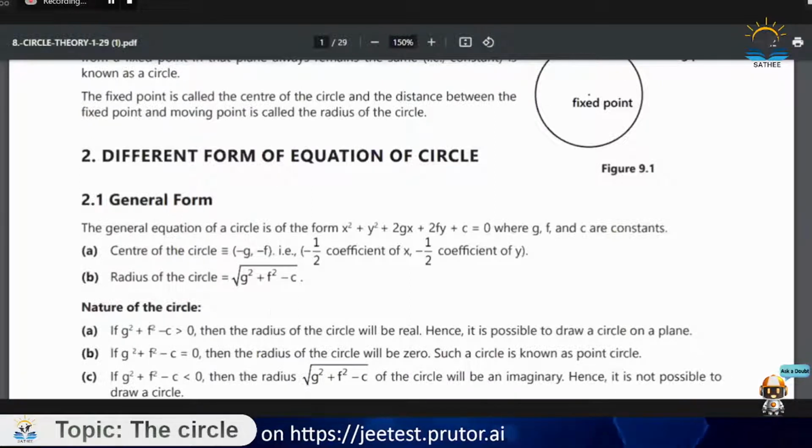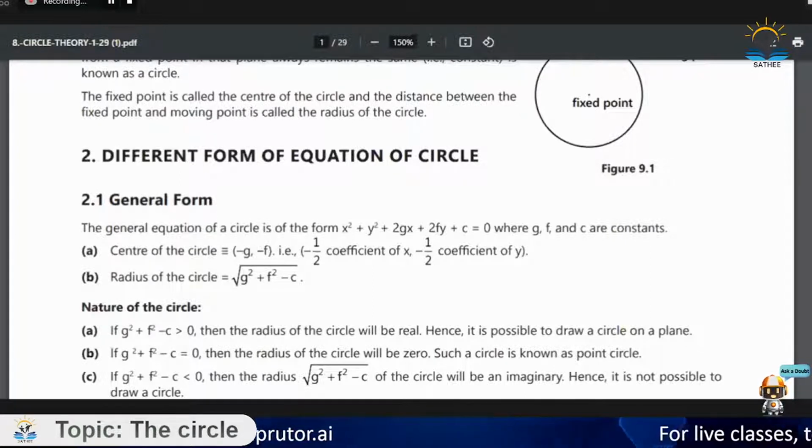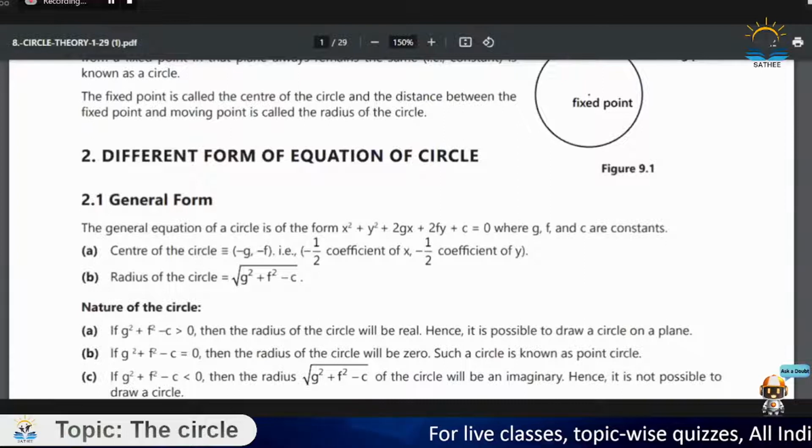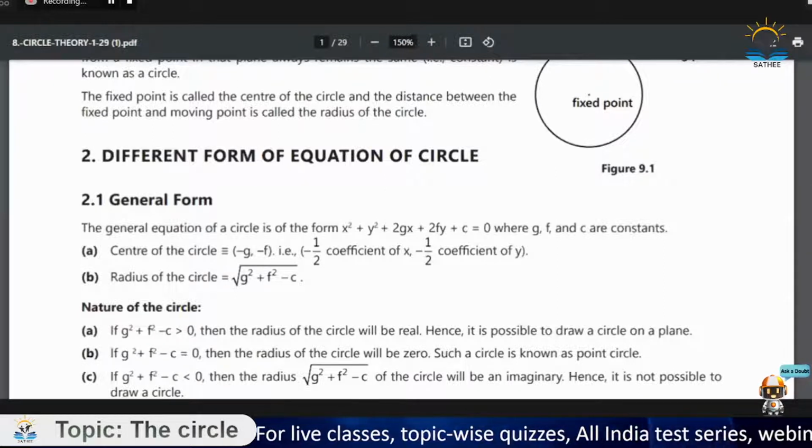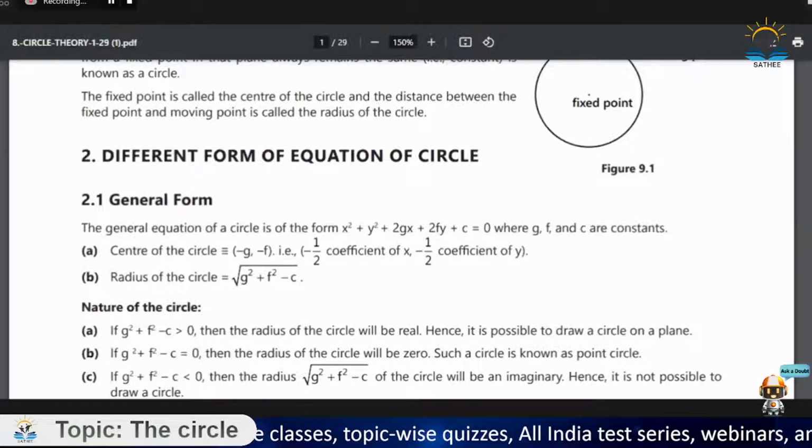Now, these two will come if we try to complete the square of these terms. Basically, here we have x square plus 2gx, and here we have y square plus 2fy. Suppose here we add g square and f square, and here also we add g square plus f square.